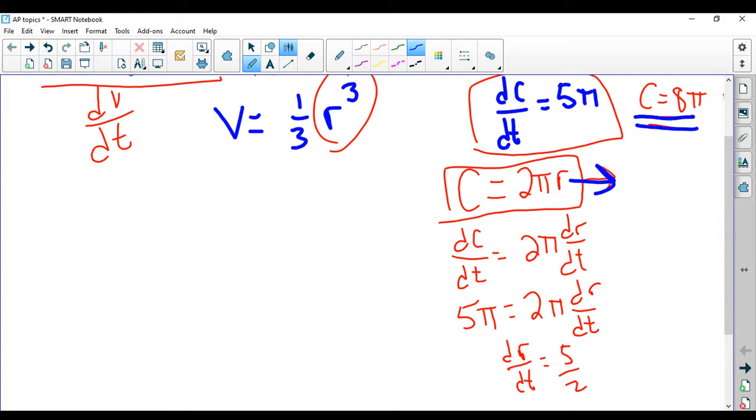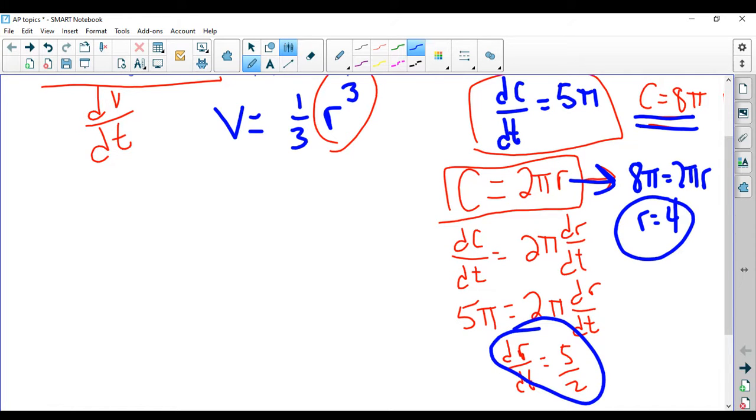Since we're given that the circumference is 8 pi, we can find out what the radius is. Divide, and you'll get the radius is 4. So these are the things we have to deal with as far as the radius is concerned, given just the circumference. Now we can really start the problem.